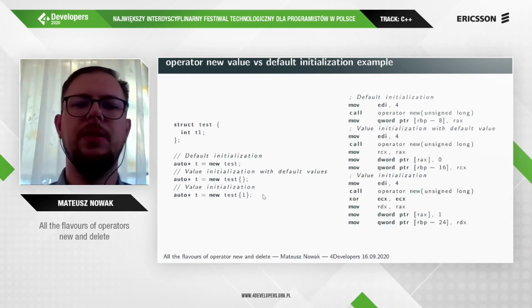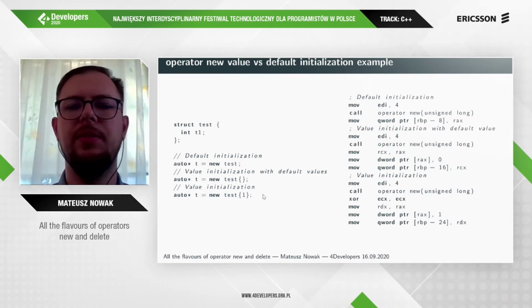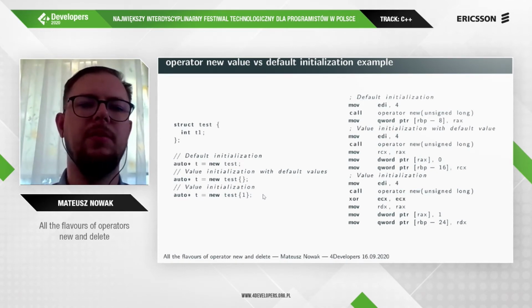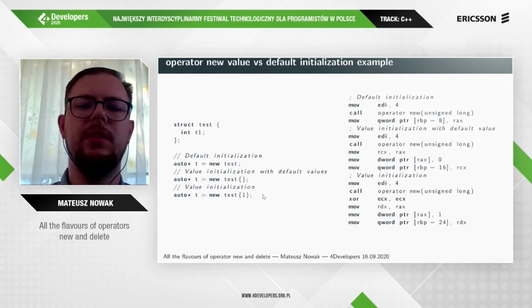When we are using value initialization with the default value, again, operator new is called, then this default value, being 0 for int, is put in the memory pointed to by what operator new returned, and then the pointer is also put on the stack for further use.